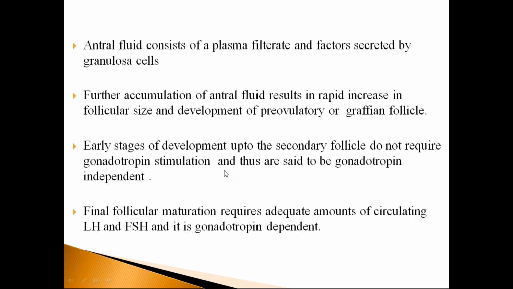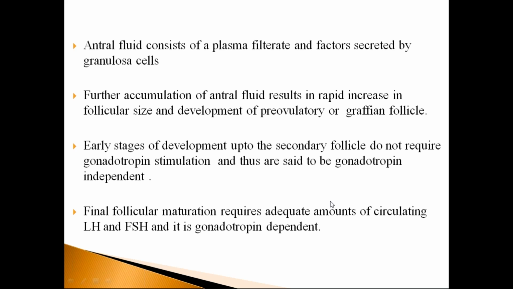So how is this antral fluid formed? It is a plasma filtrate secreted by the granulosa cells themselves, and it has a high concentration of estrogens, so it is an estrogen dominant follicle. Further accumulation of antral fluid results in a rapid increase in the size of the follicle, and it changes into a Graafian follicle.